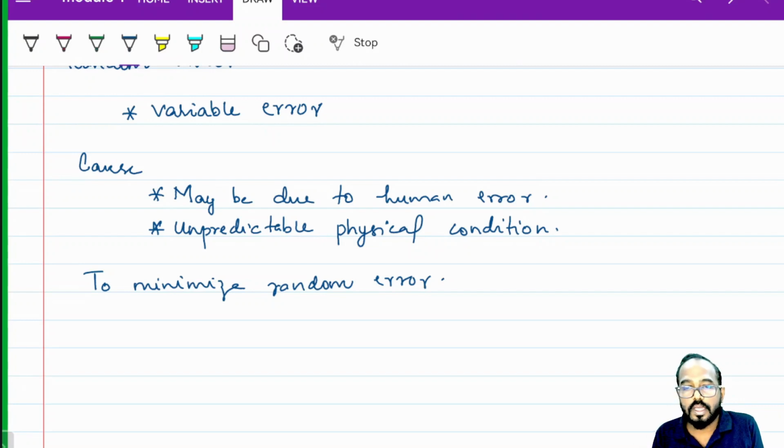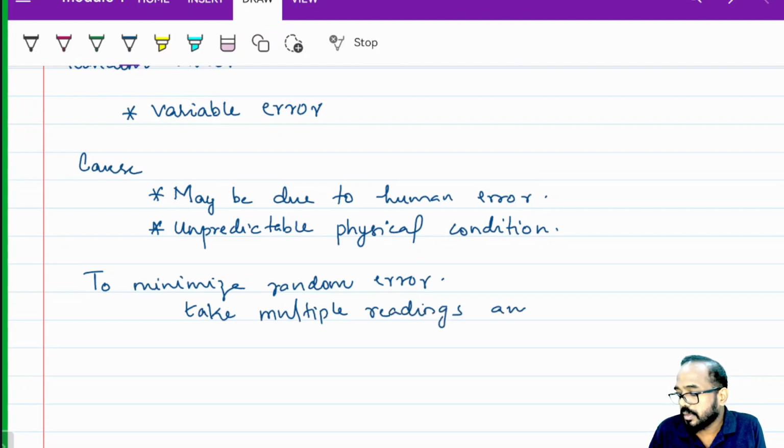So you can reduce the random error. Take multiple readings and calculate the average.